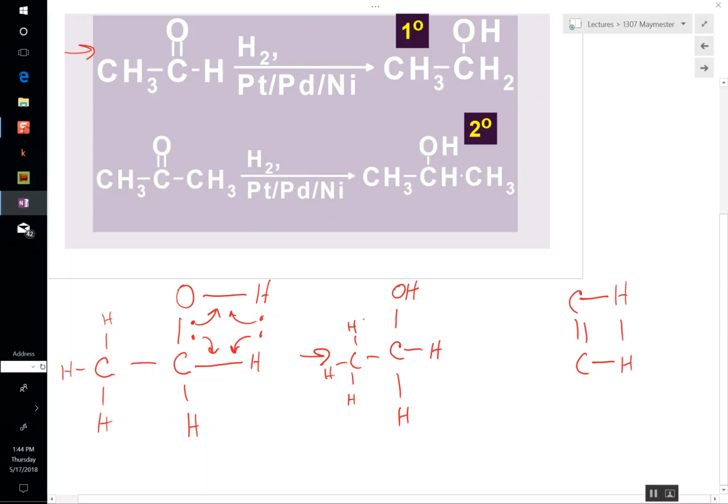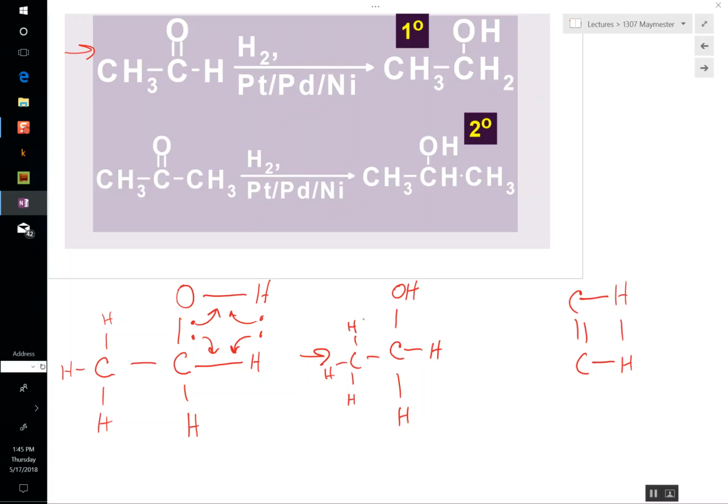You made an alcohol. By the hydrogenation of an aldehyde, you get an alcohol. And what this slide is trying to point out right here is if you hydrogenate an aldehyde, you get a primary alcohol.